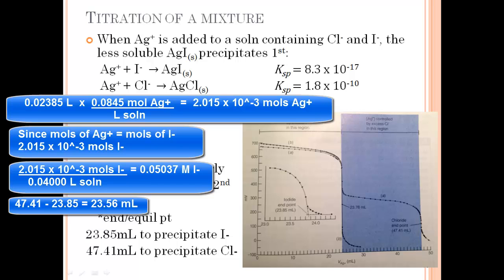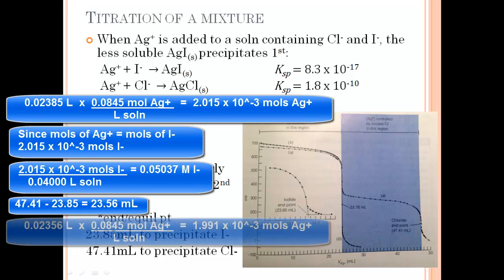So the number of moles of Ag+ that were required to react with chloride is 0.0845, which is the molarity of the Ag solution, times the volume that was needed for that section of your curve, which was 0.02356 liters. Now, that equals 1.991 times 10 to the negative 3 moles.